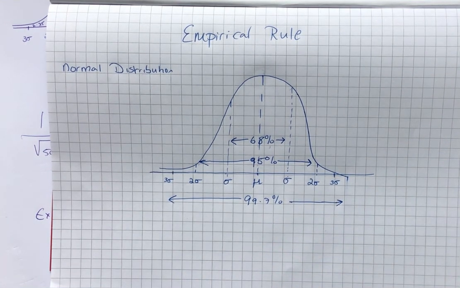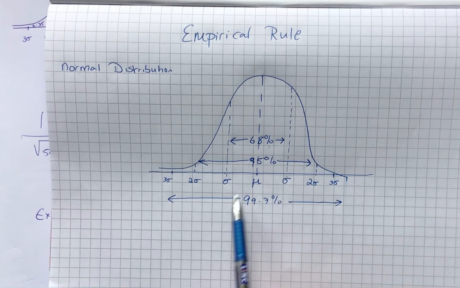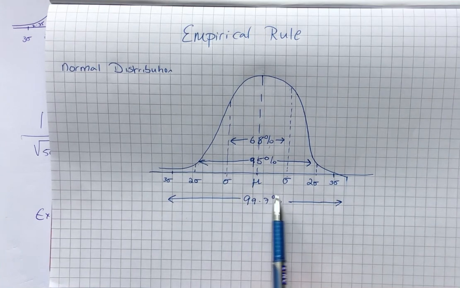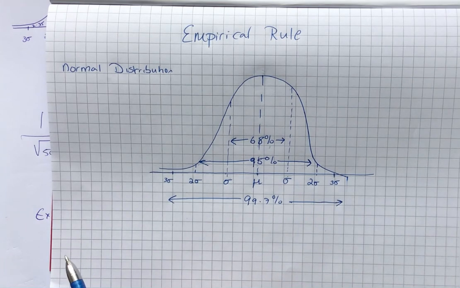So if you surveyed 100 people about their weight, 95% of those people would be within plus and minus 2 standard deviations of that mean. And if you surveyed 100 people, you would find that 99.7% of all people would fall within plus and minus 3 standard deviations of the mean.